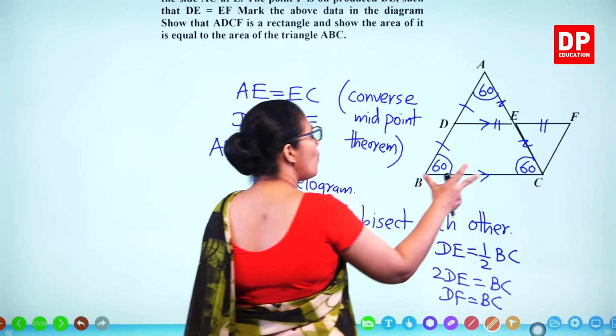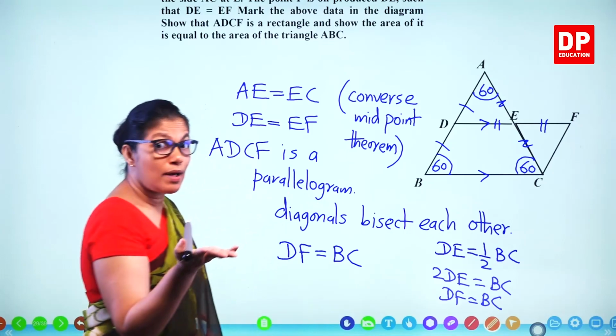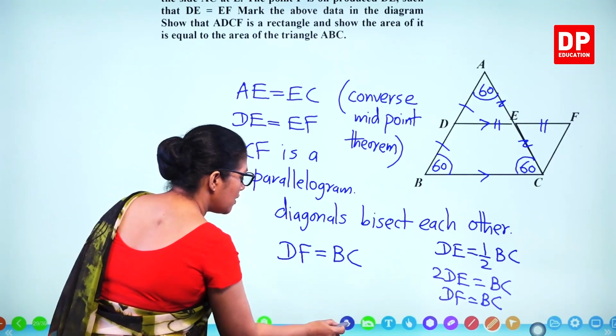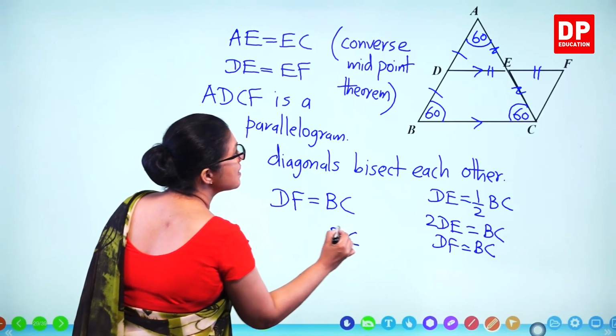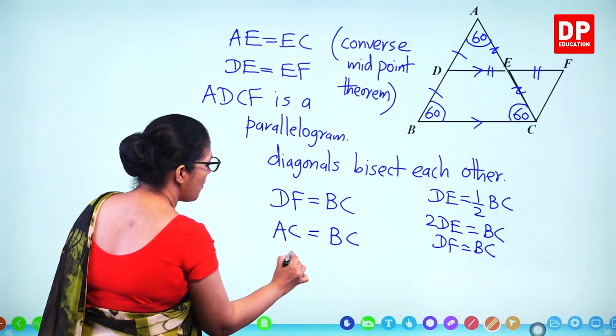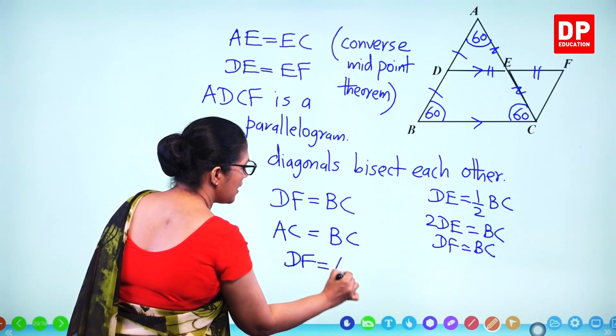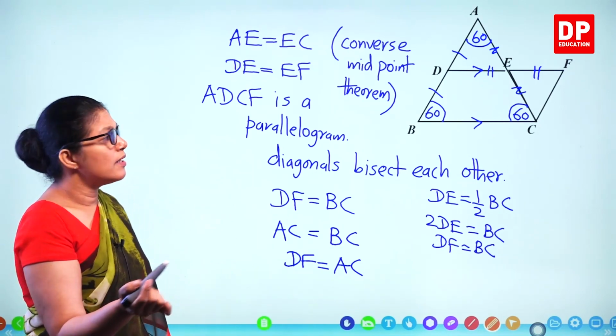But we know BC, AC, all sides are equal in an equilateral triangle. So we can say BC is the same as AC. What can you say about DF and AC? Both are equal. Diagonals are equal.